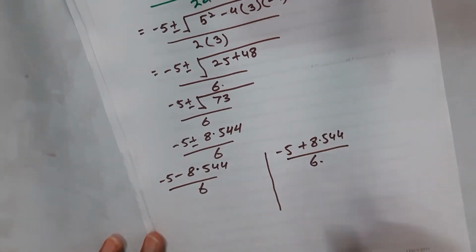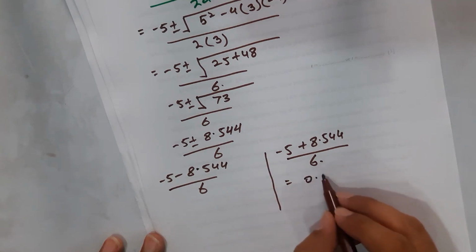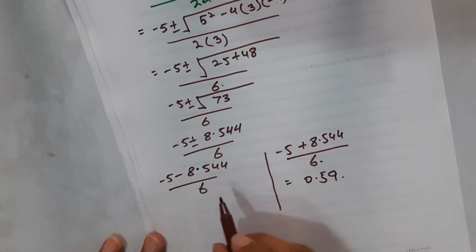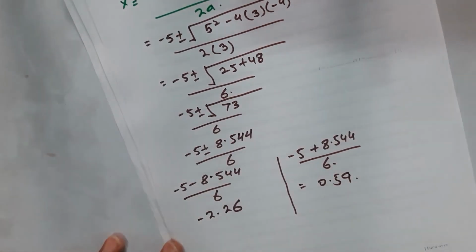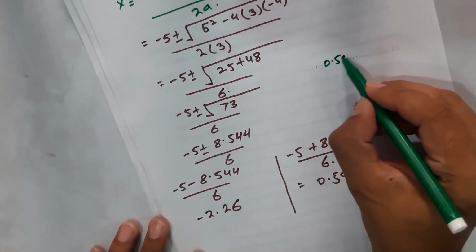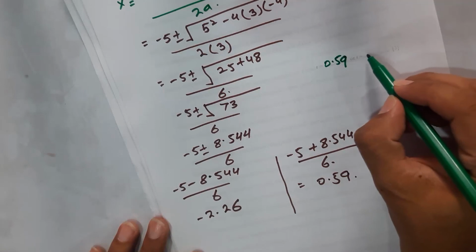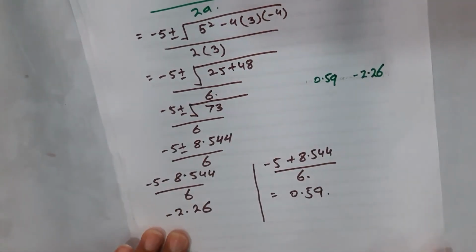Okay, this will give you the answer 0.59 and this will give you the answer minus 2.26. So t's final answers are 0.59 and then negative 2.26. This is your C part of question 4.